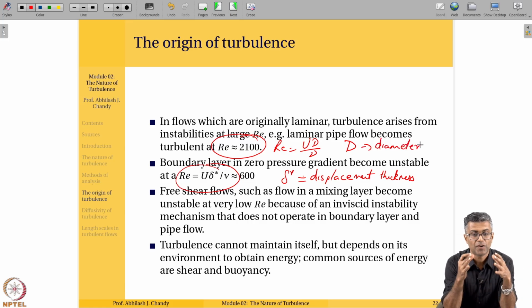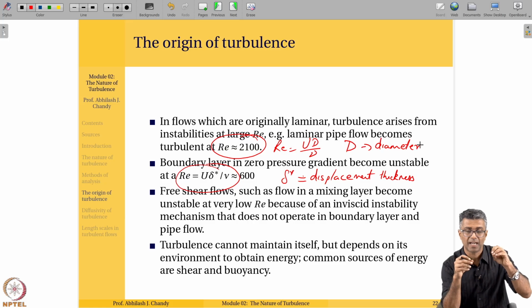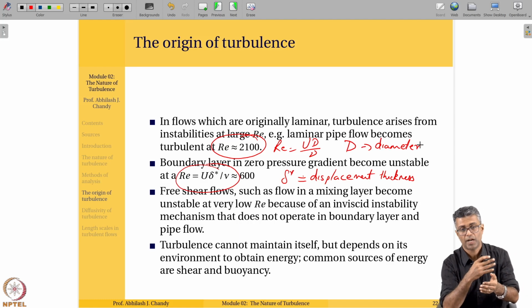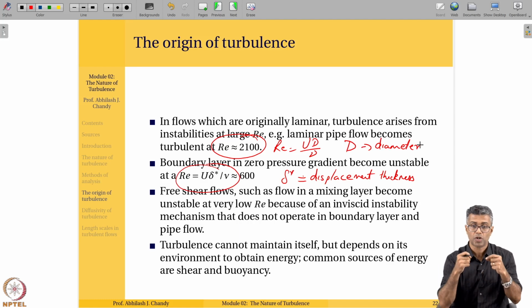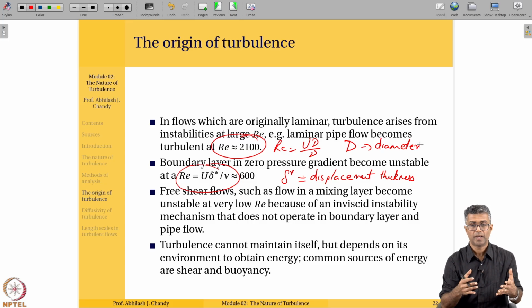Here, when you're talking about free shear flows, such as flow in a mixing layer, they become unstable at very low Reynolds numbers because of a certain inviscid instability mechanism. Here, the inviscid instability mechanism is not what operates in a boundary layer or a pipe flow. Because of that, the instabilities start to propagate at a lower Reynolds number.